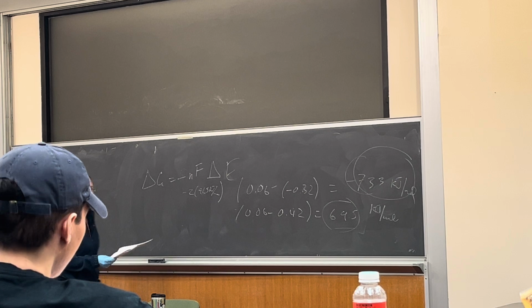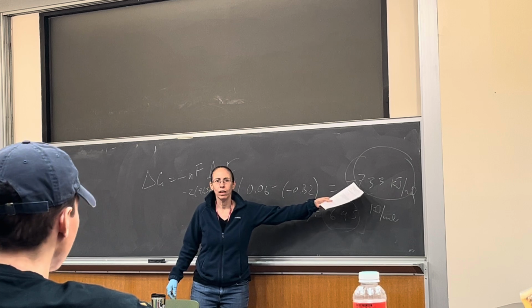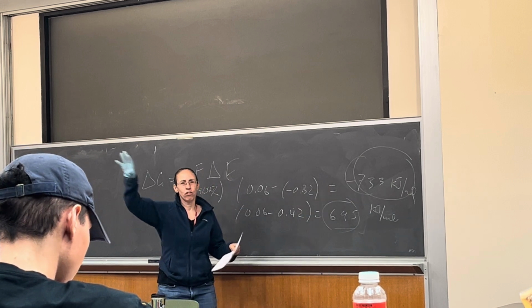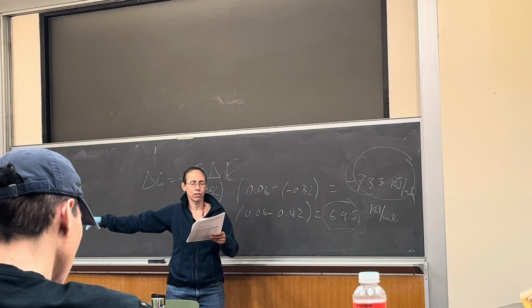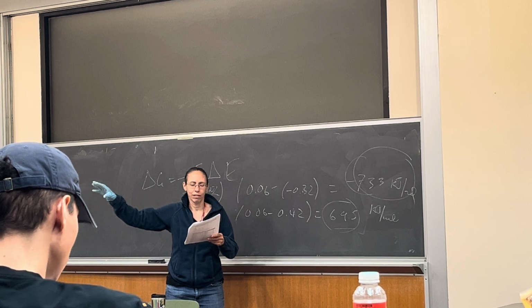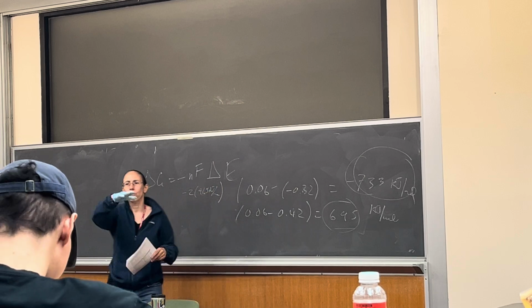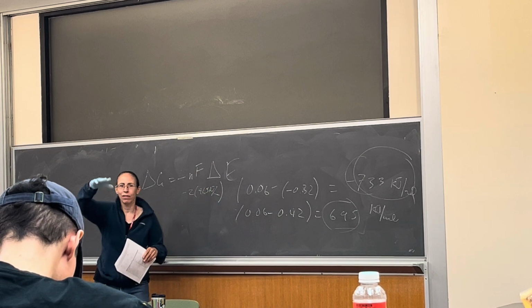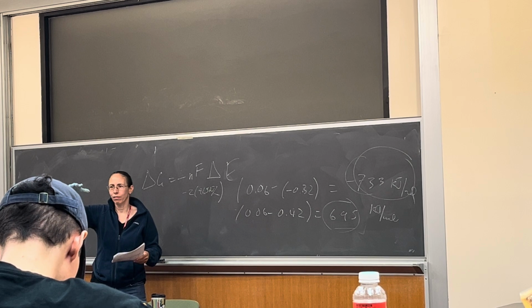The one that is favorable is the one with the negative delta G, and that's NADH donating to ascorbic acid, actually. So if you look at ascorbic acid, it's a little bit under water.